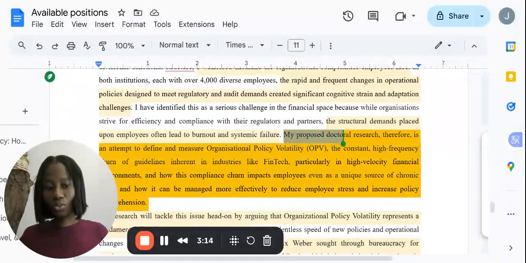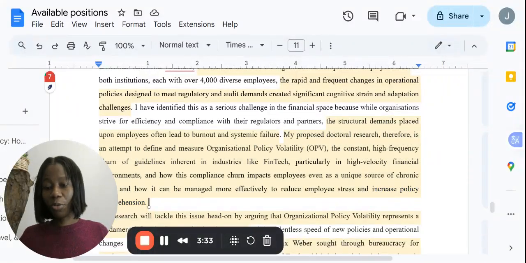That is why they wanted to carry out this research. My proposed doctoral research, therefore, is an attempt to define and measure organizational policy volatility. If you read further, it's just explaining what they want to do. But notice that the motivation is key and they got it point blank here, it was direct. This is why I want to do this.